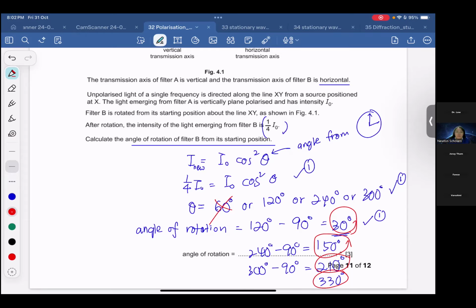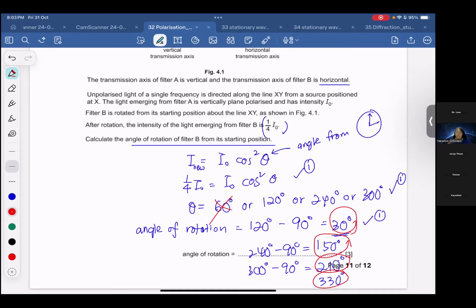Any of you want to ask me any question regarding this question? You must be very clear on the data that we count. Actually, the angle is compared to the first initial filter. So we get 60 degrees from the initial filter, which is vertically going to 60 degrees. But this is not our answer, because our filter is starting from 90 degrees.